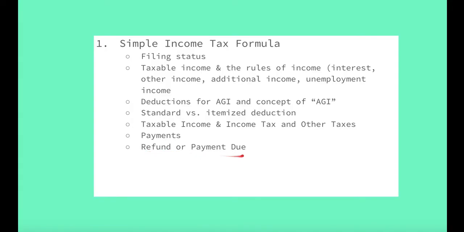Now, that refund or payment due, a lot of times people get confused and they think, oh, I owed money this year. What? That's so horrible. I must have paid more in taxes. Well, that's not what that means, right? Because the payments you make throughout the year are just an estimate.